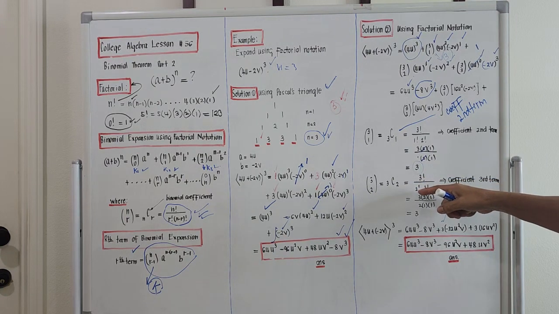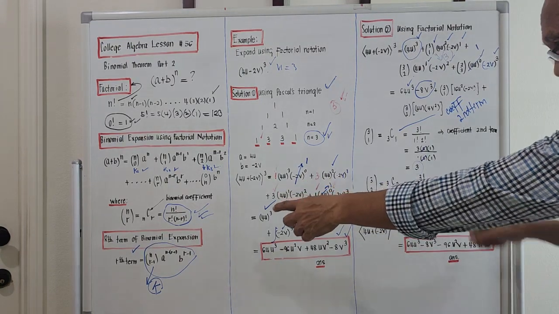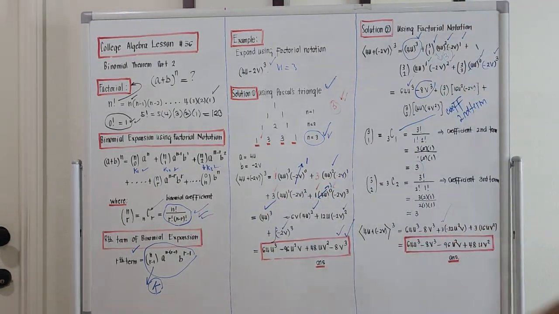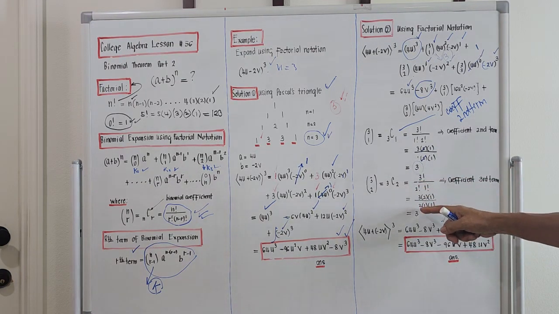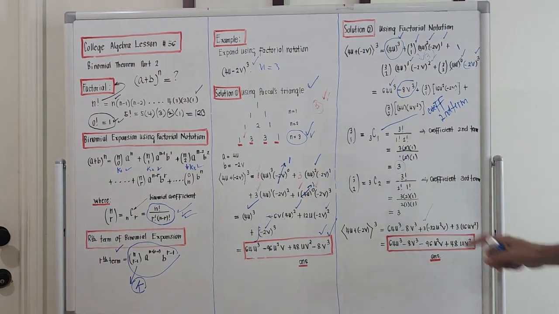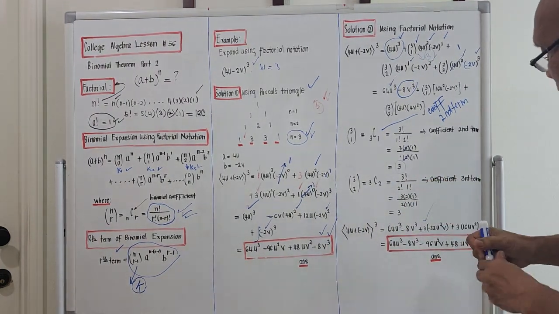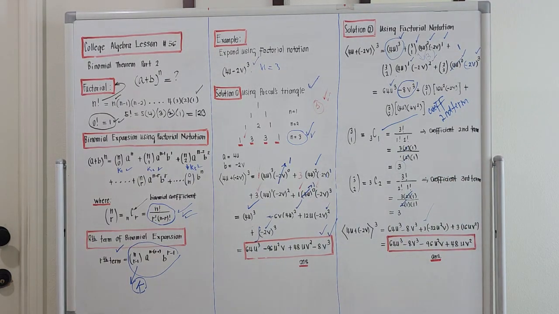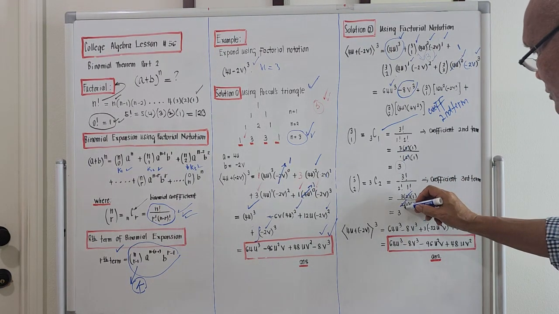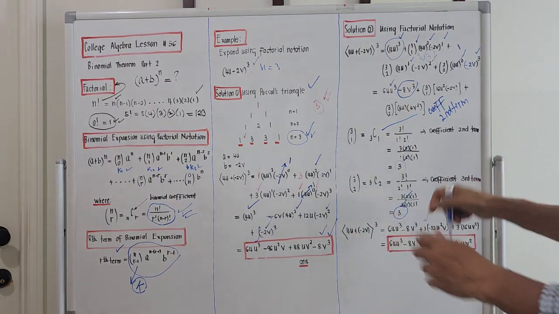R now will be 2, and 3 minus 2 is 1, so this is times 1 factorial. If we simplify, 3 factorial is 3 times 2 times 1, 2 factorial is 2 times 1, and 1 factorial is just 1. And again, these two here cancel with this. So the coefficient of the third term in the expansion is 3.